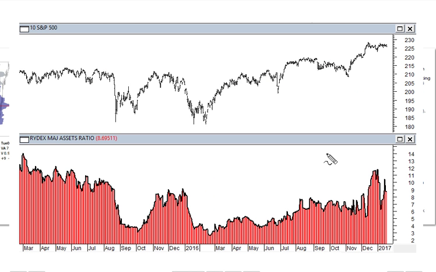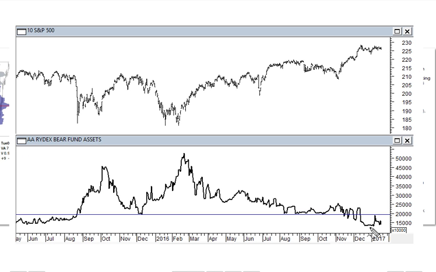Looking here at my version of the Rydex assets ratio, it reached 11.83 at this point here, the highest level since June 2015, and saw it dip off down to just above 6, and we've rallied back a little, currently just below 8.7. Worry here is the really low level of assets in the bear funds.